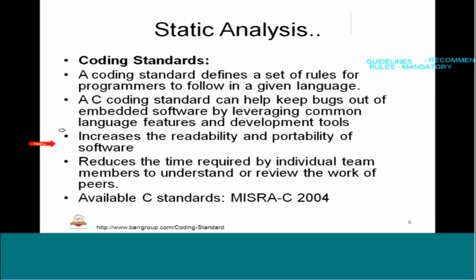Okay. So basically, coding standards, if followed properly, increase the readability and portability of the software. That means the software is in a good shape for somebody to understand. Readability means somebody can read it easily, that the program can be quickly analyzed and understood.